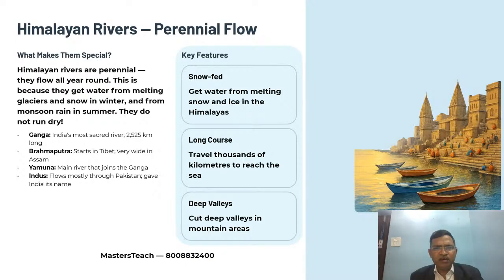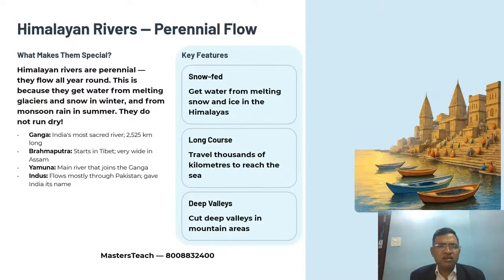Then Himalayan rivers and perennial flows. What makes them special? Himalayan rivers are perennial rivers. They flow all around the year, because they get water from melting glaciers, snow in winter, and monsoon rain also. The Himalayan rivers never dry.